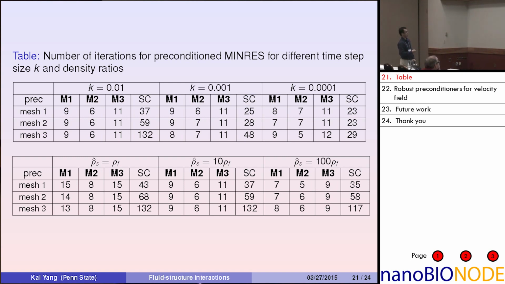This SC, Schur complement, is what we use for comparison. And similarly, in the second table, we change the density ratio of the fluid density and the structure density. And we also use 3 different meshes. It can be observed that M1 through M3 are quite robust for these varying problem sizes and parameters, whereas the approximate Schur complement will depend on those parameters.